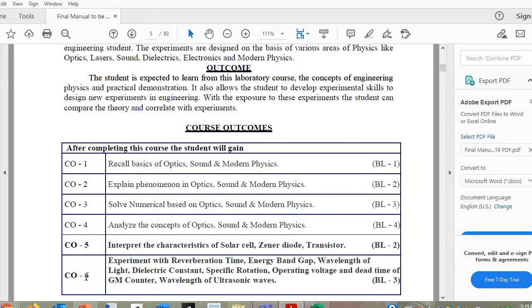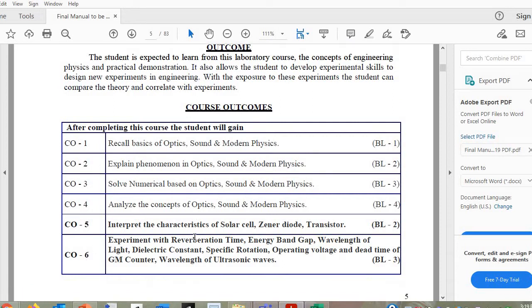Okay, and CO number 5 and 6 are related to the practicals, and clearly you can see the names of the experiments are given in CO5: the solar cell, Zener diode, transistor, and then in CO6 there will be reverberation time, energy band gap, wavelength determination, specific rotation calculation, GM counter, wavelength determination of ultrasonic waves.